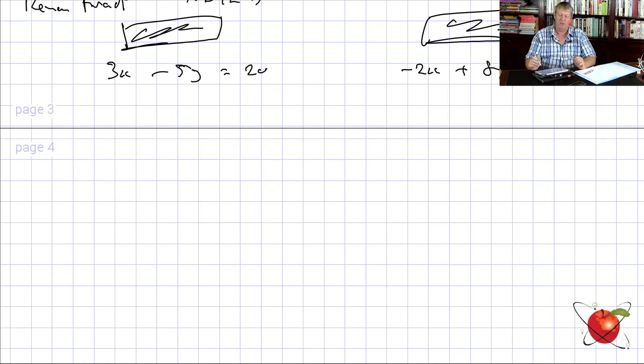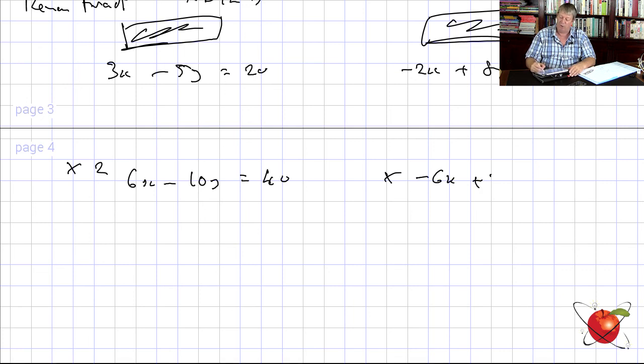So times that one by 2, which gives me 6x minus 10y equals 40, and multiply this one by 3, minus 6x plus 24y equal to minus 75. Now what have I done?